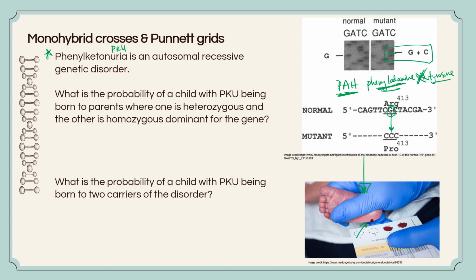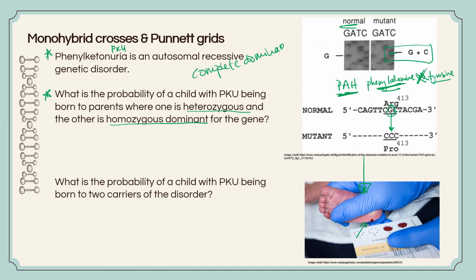Let's talk about the inheritance pattern of this trait. It does have what we call complete dominance. Luckily, the normal version of this protein has complete dominance over the recessive, which means that in order to have the disorder, you need to be homozygous recessive. In this first example, we're looking at a parent who is homozygous dominant and another parent who is heterozygous.